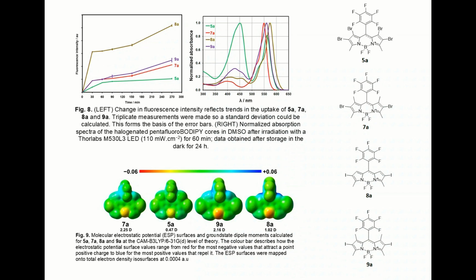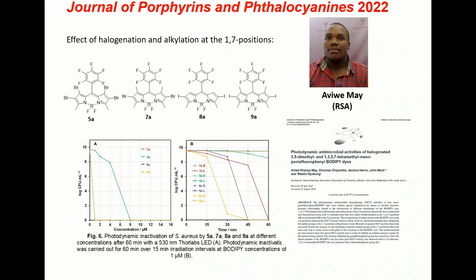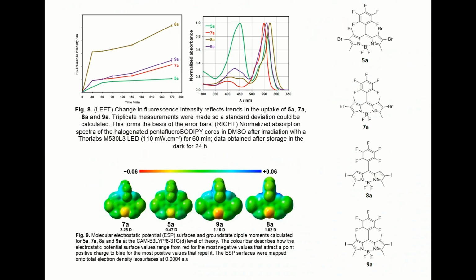Another thing that we can look at here, we're looking at BODIPY dyes. It's kind of half a porphyrin, if you like. We're adding heavy bromine or iodine atoms to the BODIPY dye so that we can have intersystem crossing. We can generate singlet oxygen to eradicate the bacteria, hopefully, with the photodynamic therapy approach.